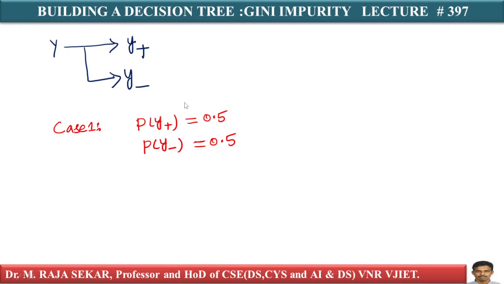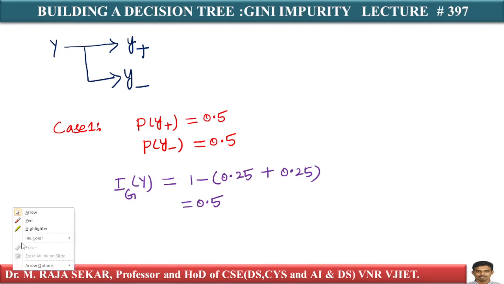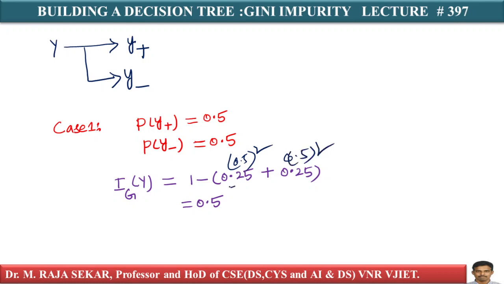Now what happens to your Gini impurity? I subscript g of y equals 1 minus, p of y plus whole square plus p of y minus whole square, meaning 0.5 squared and 0.5 squared. Therefore you get 0.25 plus 0.25. Ultimately, what is this Gini impurity value? You are getting 0.5 for the equiprobable case.